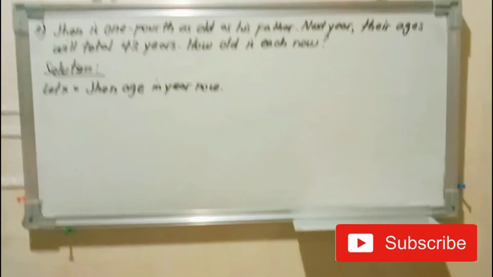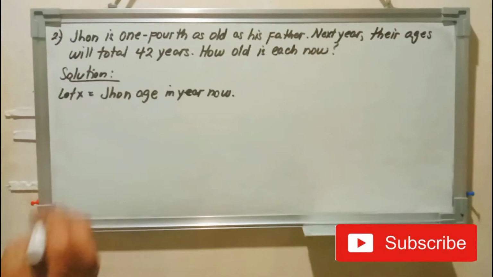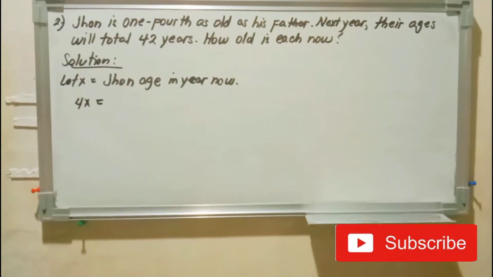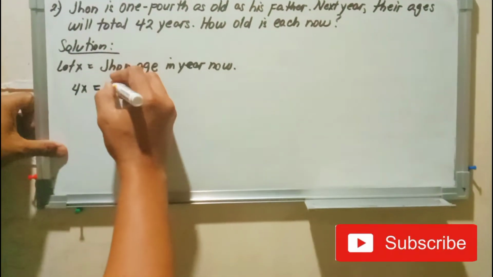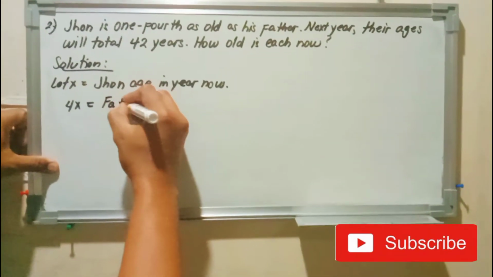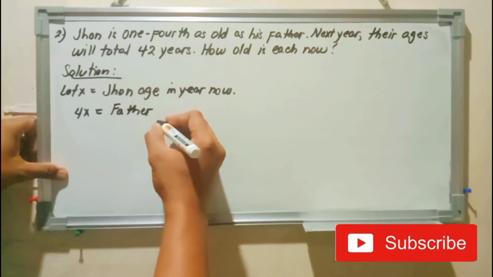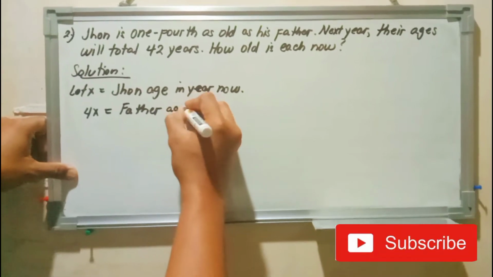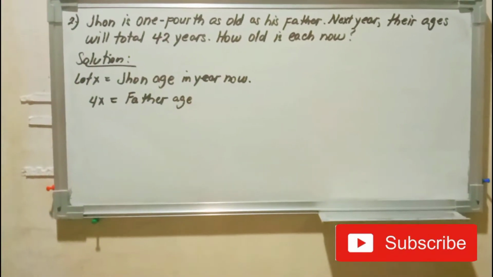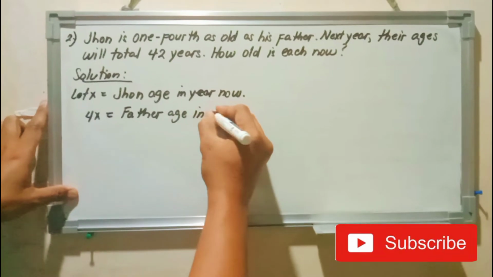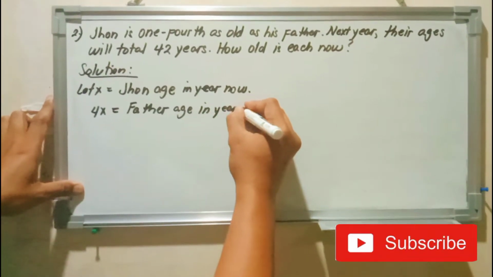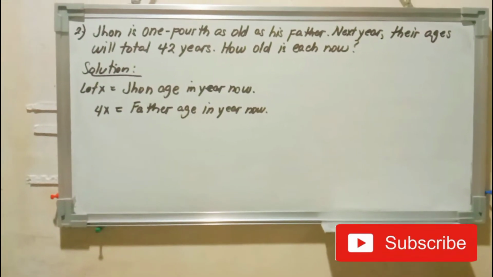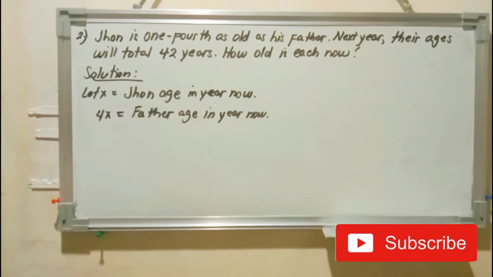The second condition is 4x is equal to the father's age in years now. So these are the two conditions we arrive at from the problem.